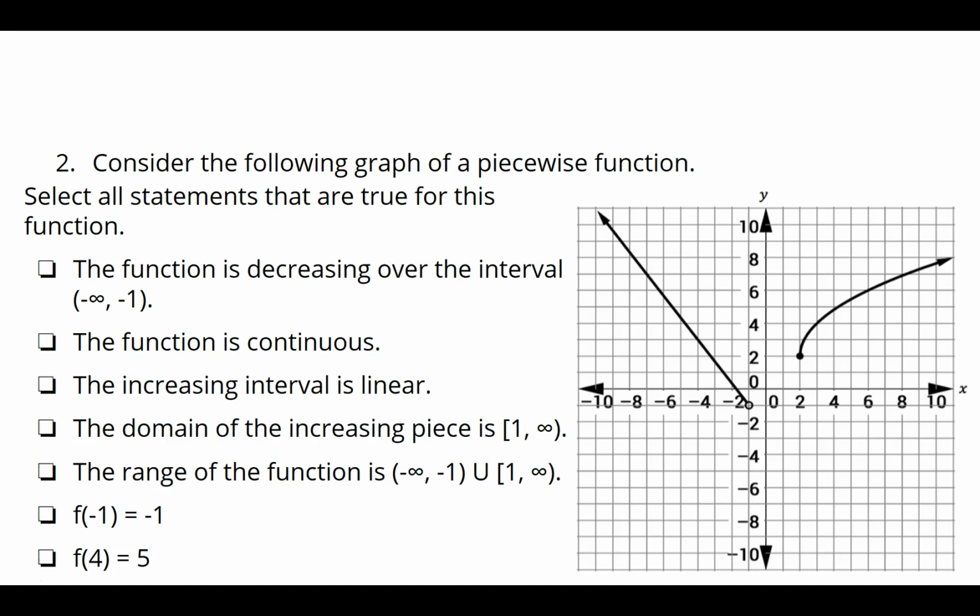All right, looking at this, the function is decreasing over the interval -infinity to -1. True or false? So we've been doing inequality function, right? So -infinity to -1, is that less than or bigger than 1? It's less than.